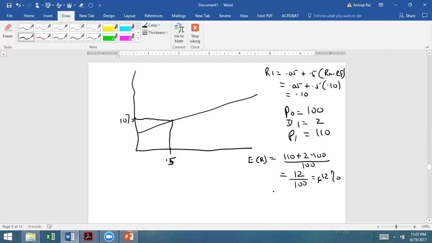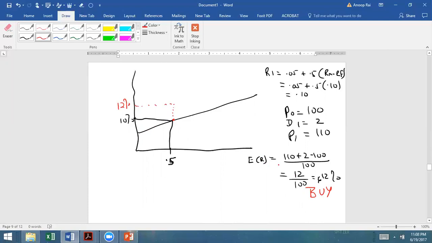Obviously, you are over here. Your required return is 10%, you're getting 12%. What will you say? You'll obviously say buy the stock.